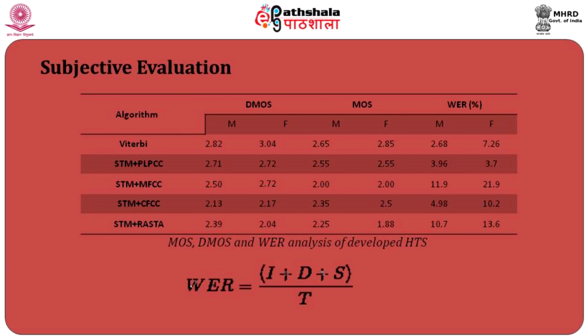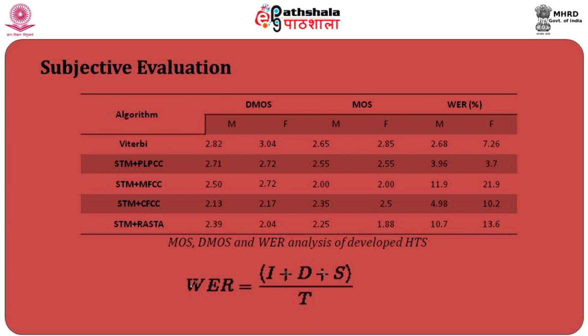Now, we'll move on to objective evaluation. The widely used spectral distance measure is used for measuring the accuracy of the spectral envelope of the synthetic speech with respect to natural speech. We have used dynamic time warping, which is a DTW-based approach, to align natural speech and synthetic speech, as both have different durations.